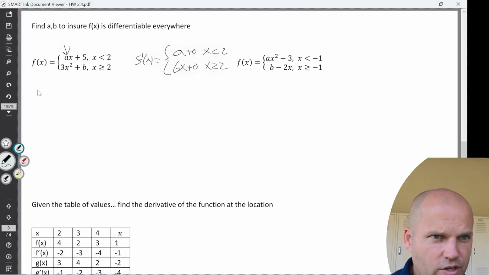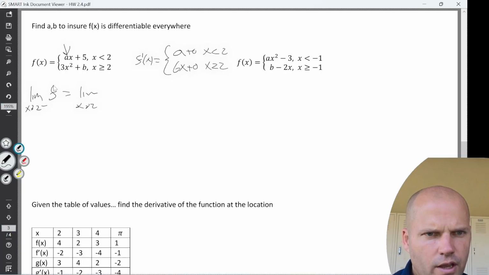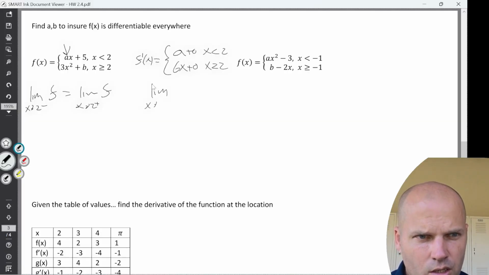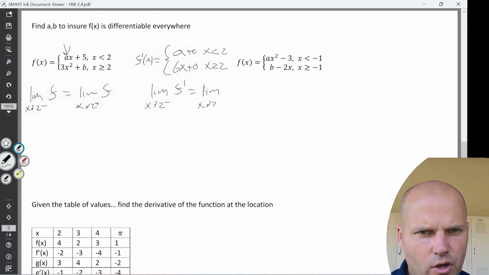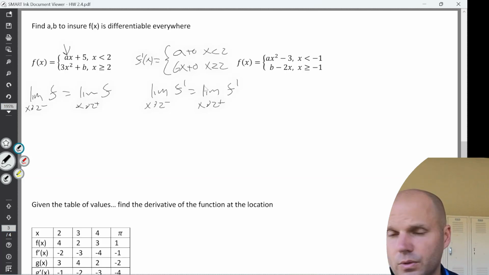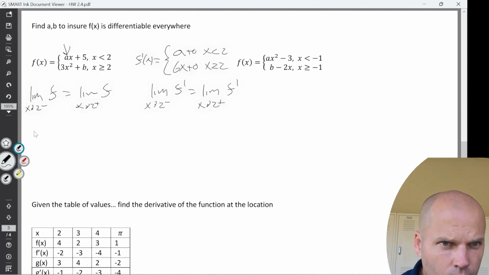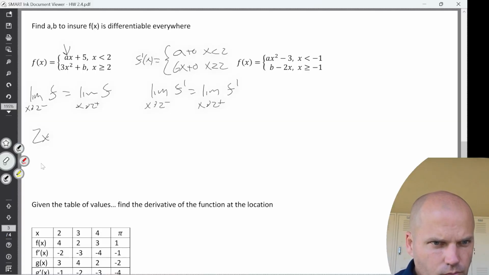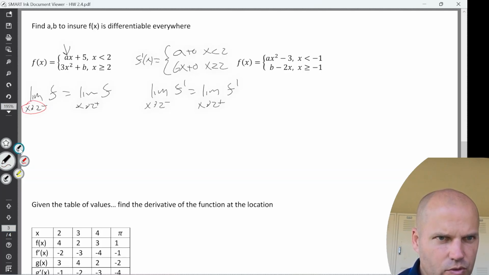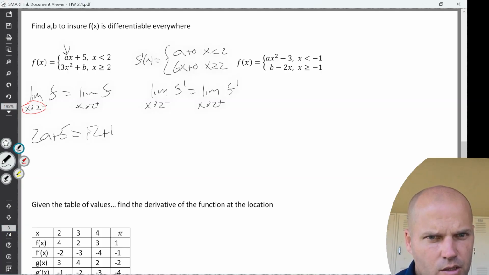Now we have two equations. Are we continuous at x equals 2? And are we connected smoothly at x equals 2? I'm showing all the work that you need to show in case you were doing this on a free response. Plugging in 2 for x, this is 2a plus 5 equals 12 plus b.